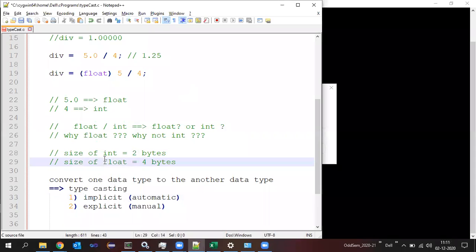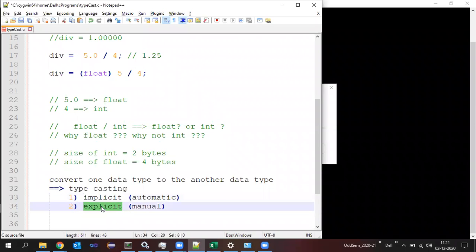So what we had discussed is that we were converting one data type to another data type. That concept we call typecasting, and it happens in two ways: one is implicit and the other is explicit.